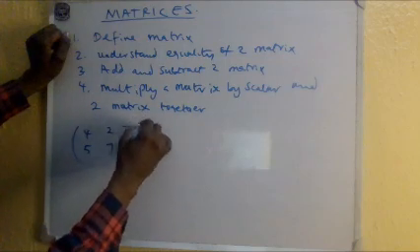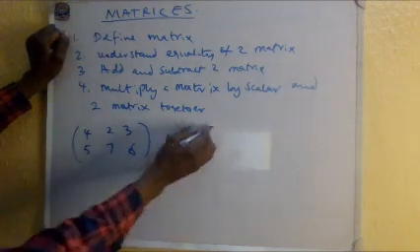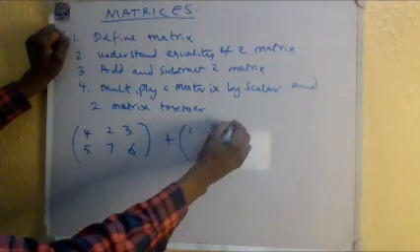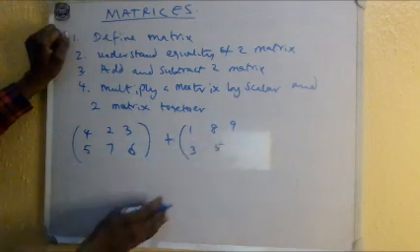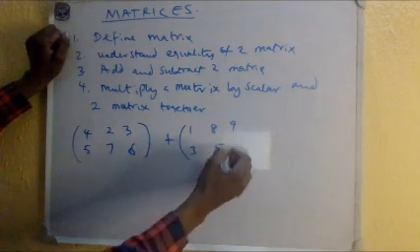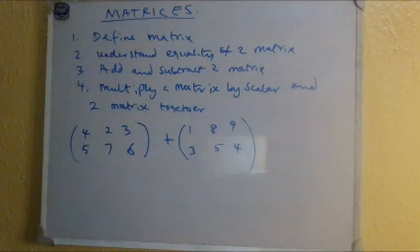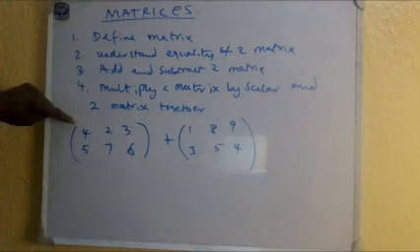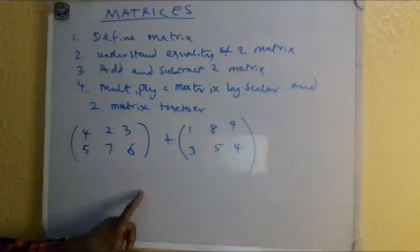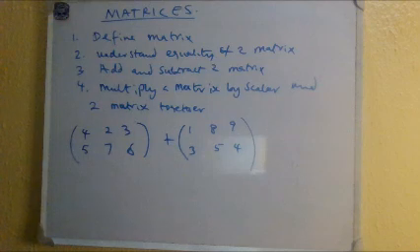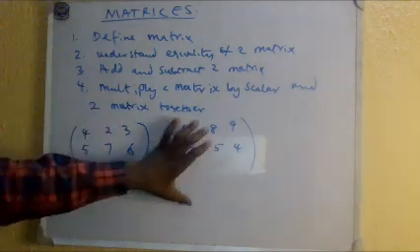Then they say we should add it to 1, 8, 9, 3, 5, 4. So you should add these matrices together. What you do is to add the corresponding elements to form a new matrix.